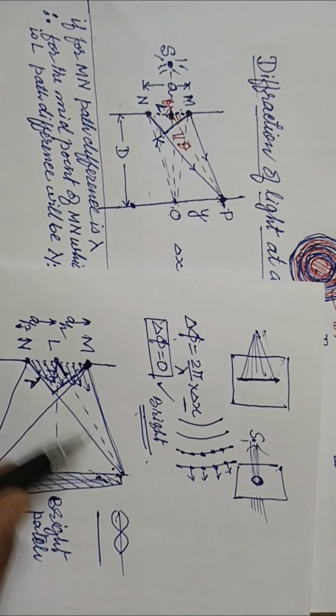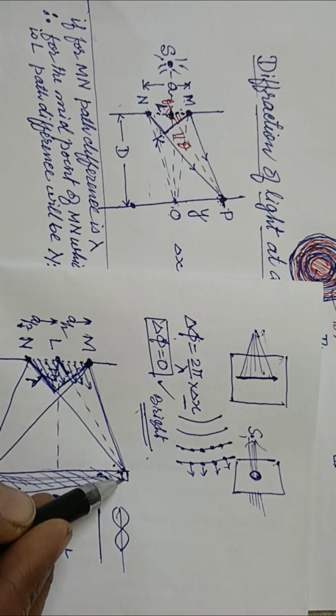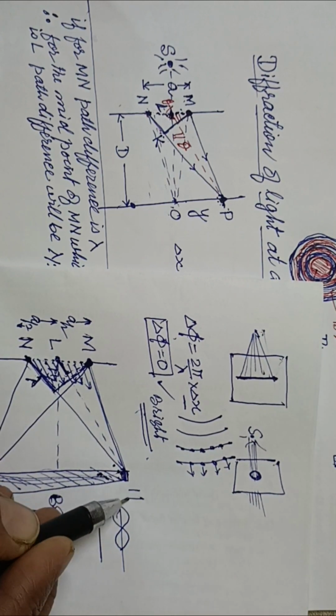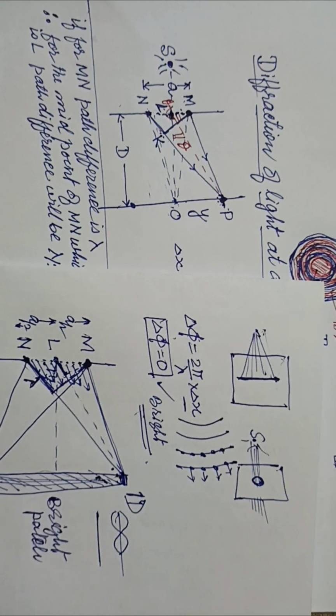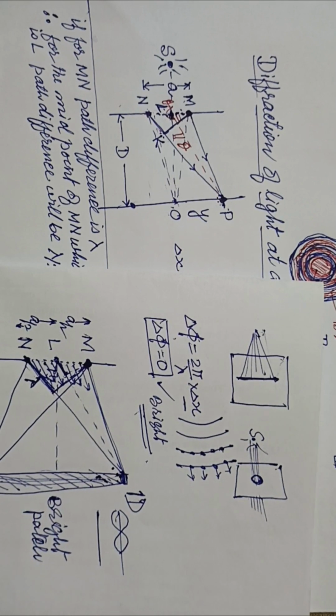And after that, when the path difference is lambda, then from here you will get the first dark, and here also, from here only, you will get the first dark.